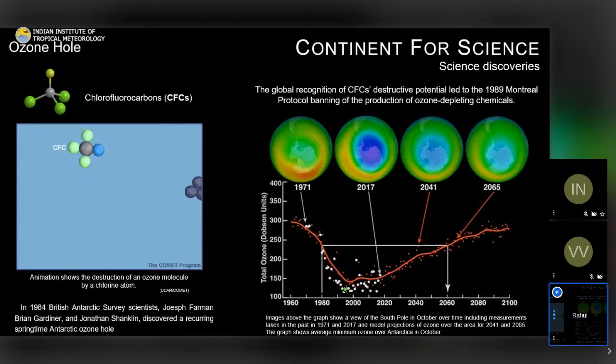Just to tell those of you who do not know, CFCs have a very high residence time, about 150 years or so. So that is the problem. It takes time for the CFCs to vanish from our stratosphere. We also have some ozone in our troposphere, and that is dangerous for our health. But the ozone in the stratosphere is a protection for the Earth, so that we are protected from the UV rays. Otherwise, this could lead to a lot of skin ailments on the Earth.